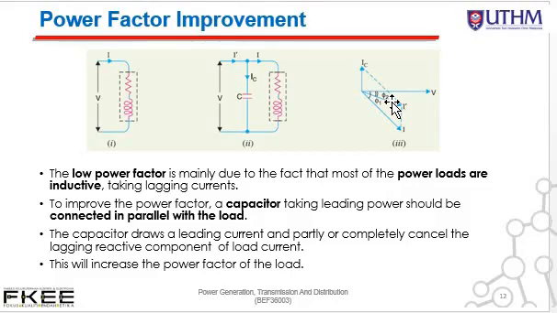It is clearly shown that by improving the power factor, the magnitude of the current drawn by the system, which is I prime, is reduced as well.